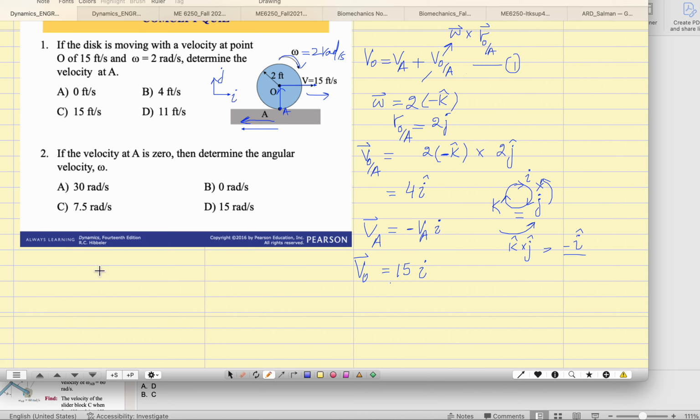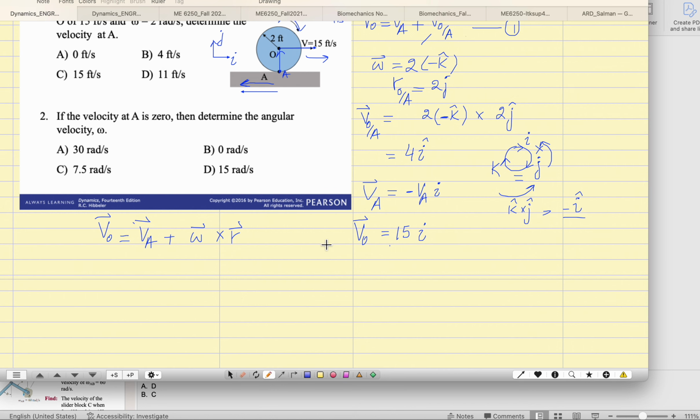Now let's write everything into equation 1. I'm going to rewrite VO equals VA plus omega cross R, and we already found the value of omega cross R. So it's 4I, minus VA I, and this is 15I.